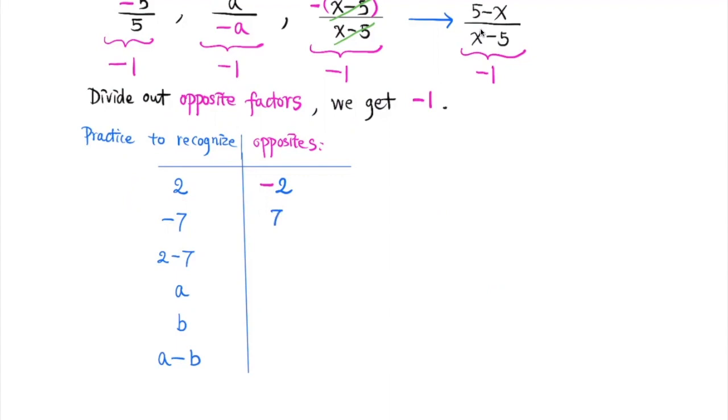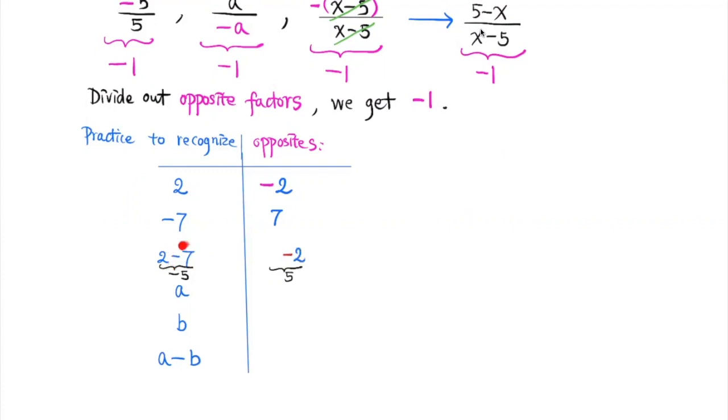Now, what about the opposite of 2 minus 7? Well, we recognize that 2 minus 7 is -5. The opposite of -5 should be 5. Now, let's think about another way. You can take the opposite by taking the opposite of each term. The opposite of 2 is -2.